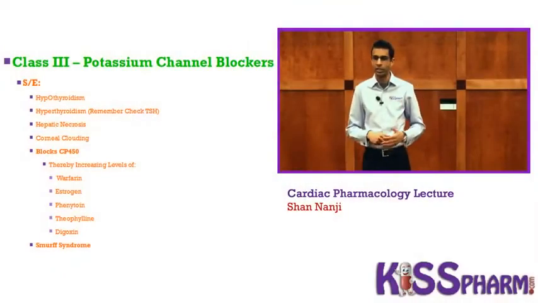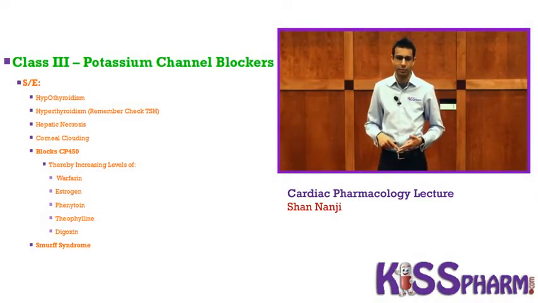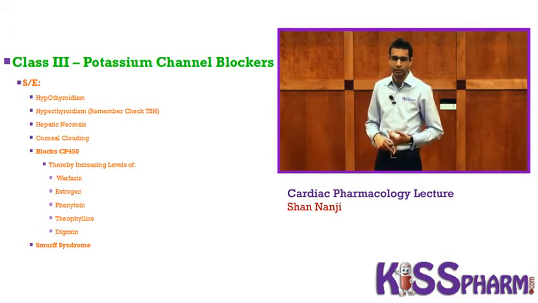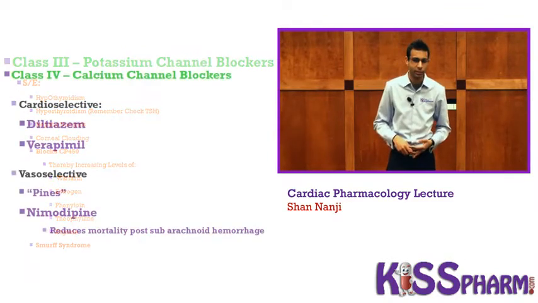Your ERP and your? Excellent. So AP for action potential, ERP for effective refractory period. And here are all the side effects for these potassium channel blockers. Hypothyroidism, hyperthyroidism, hepatic necrosis, corneal clouding or corneal deposits, block CP450, okay? And Smurf syndrome, turning you blue, make you look like a Smurf, okay?